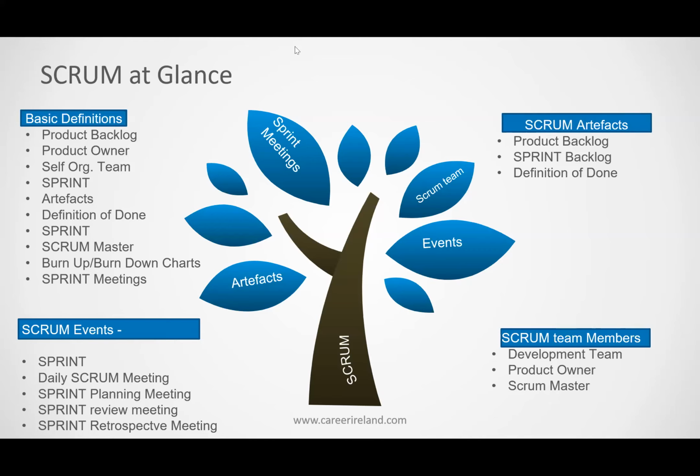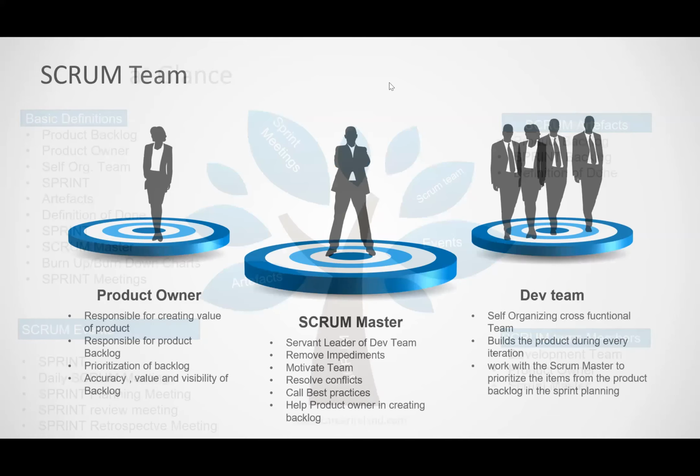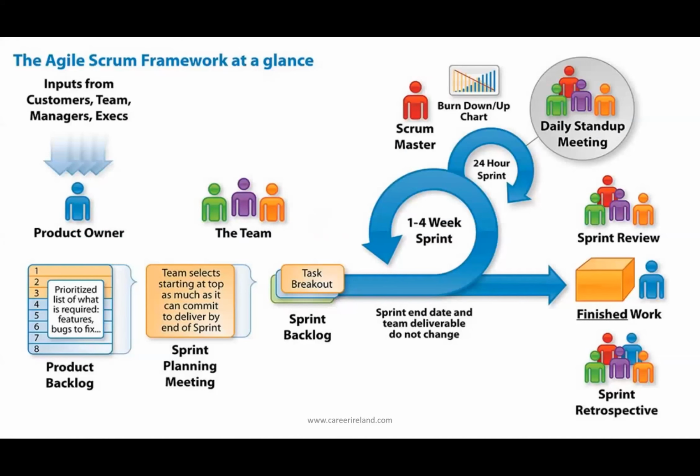Now we are going to talk about the final thing, that is the Scrum Agile framework at a glance. As I discussed, the role of the product owner is very important. He prioritizes what work needs to be done. He makes the product backlog, and he also proposes what could be the sprint backlog.